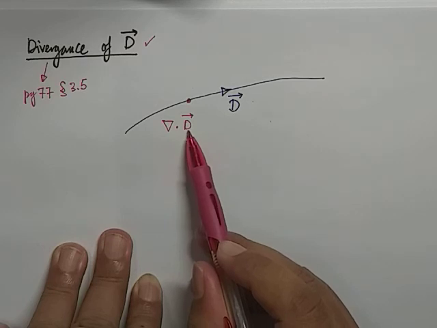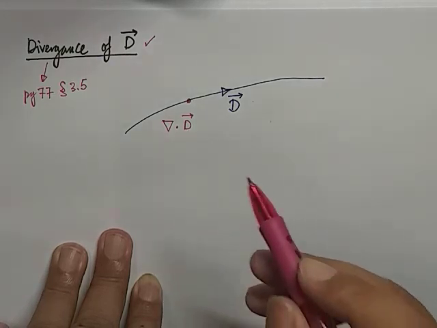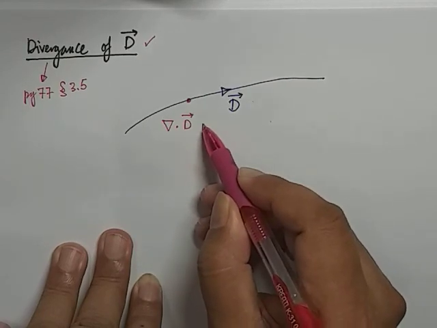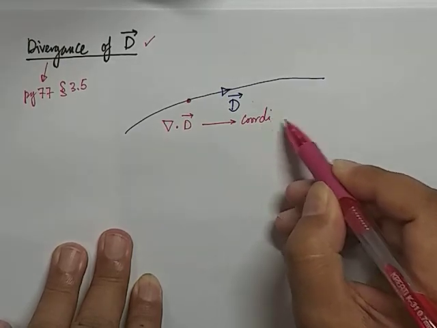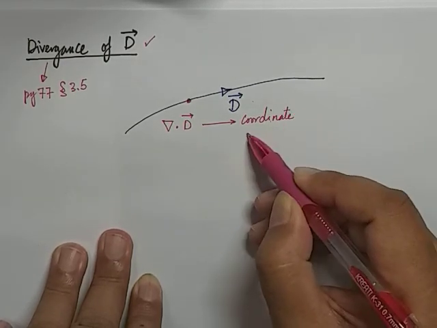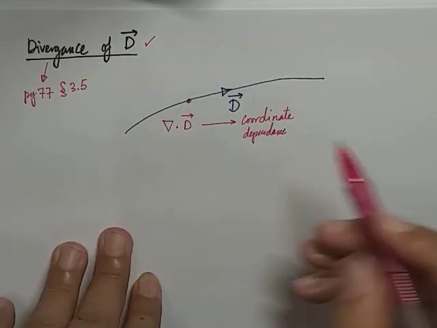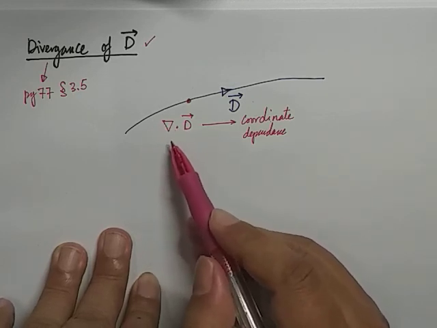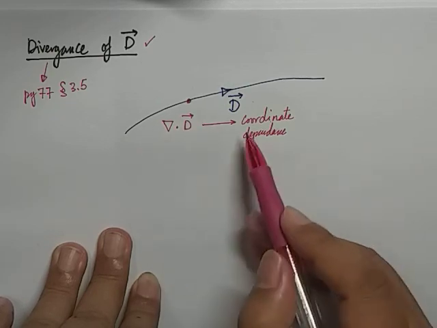If the field here is D, divergence of D. If the symbol here is given as F, divergence of F. From the term del here, we can see this model is coordinate dependent. Because we have the del notation in this equation, we can deduce that this term is coordinate dependent.